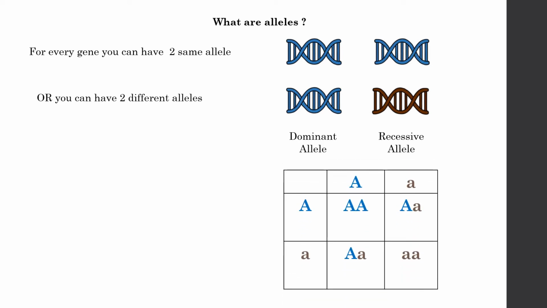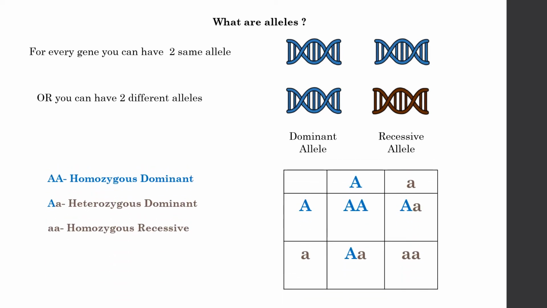Now this is the checkerboard. In this checkerboard method, you can see that when the allele capital A and capital A come together, or when there is fusion of sperm and the egg, there will be formation of the zygote which consists of capital A, capital A, that is the homozygous dominant allele for a specific characteristic.